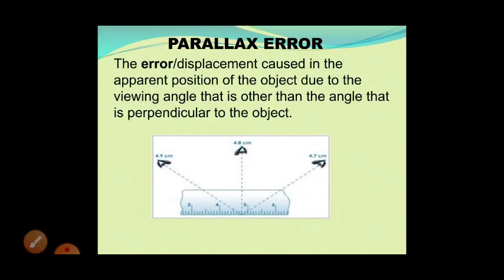This is the error caused by the apparent position, that is, the observing position. It will not be perpendicular, it will be at an angle. When we have an angle, there will be error in the measurement. So always remember this. To measure length, a few things are very important.